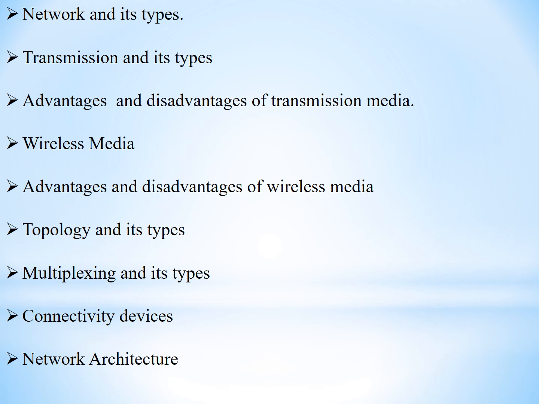In this concept, we also learned the working of each and every topology in detail. Next comes multiplexing and its types, that is, how data is transmitted in a transmission media or a channel. The different types of multiplexing were time division multiplexing, frequency division multiplexing and so on.